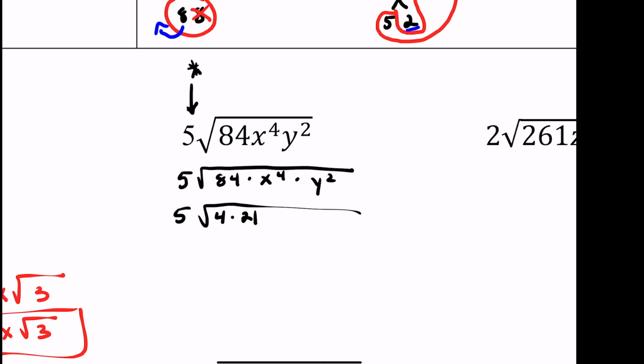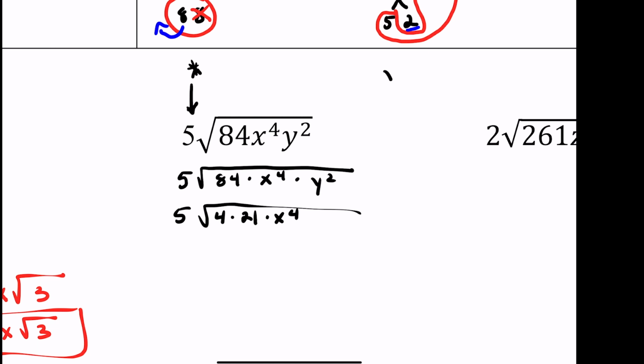Okay? 4 is a perfect square, and it's going to get multiplied with the 21, which will give you that 84. And then here I know that x to the 4th power is a perfect square. So if you have a variable raised to an even numbered power, that's always going to give you a perfect square.